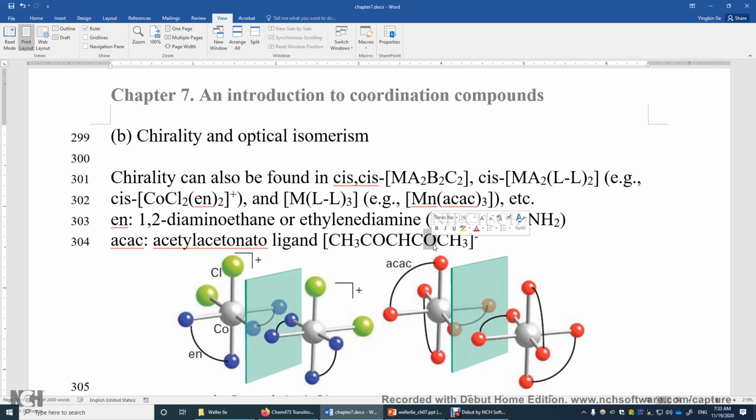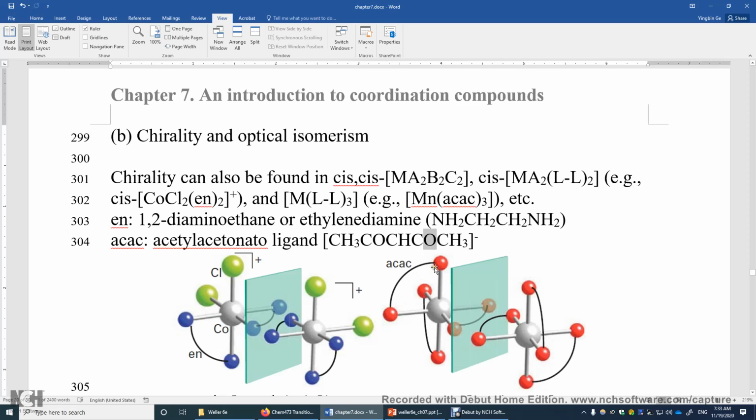So you can draw three different resonance structures, with this negative charge on this carbon, on this oxygen, or on this oxygen. But mostly, due to the higher electronegativity of the oxygen atoms, the negative charge is either on this oxygen or on this oxygen. Therefore, these two oxygen atoms can serve as points of attachment to the transition metal.